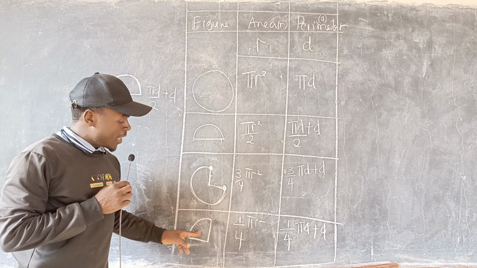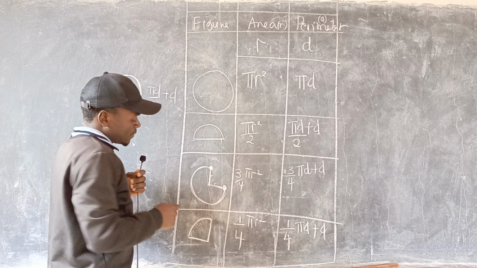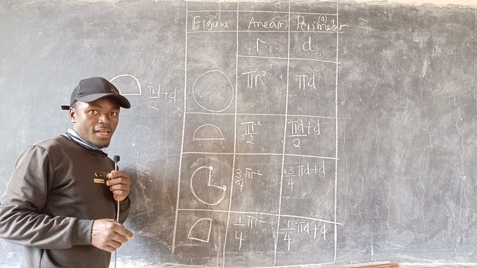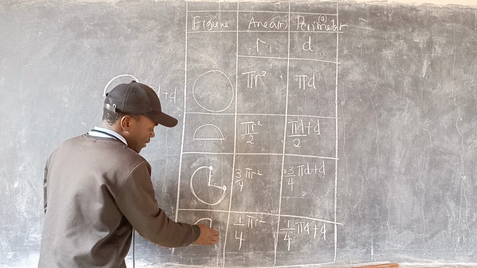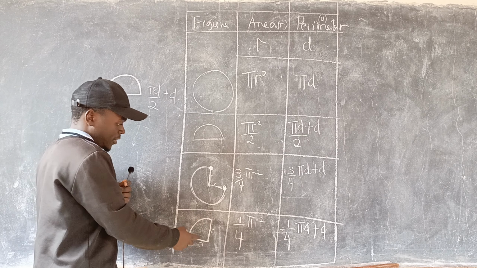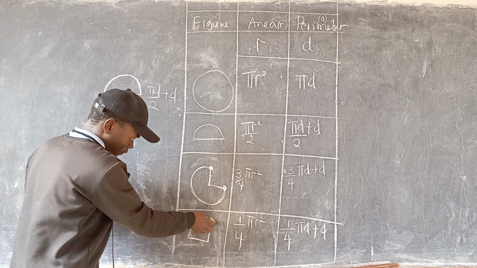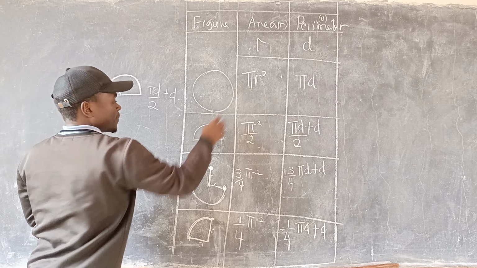Excellent. Now we come to a quarter of a circle, which we call a sector. This is a quarter sector. This one is r, also this one is r. So it is 1/4, which is only this one, from here to here, 1/4 of pi d.